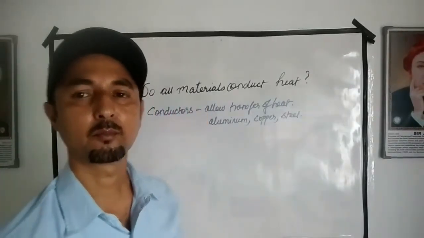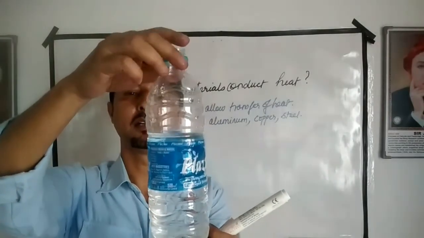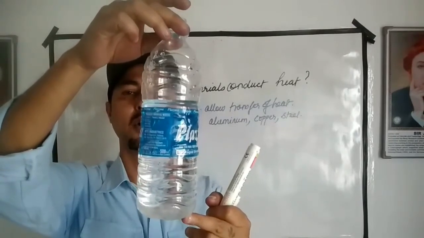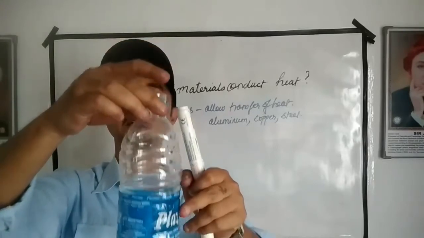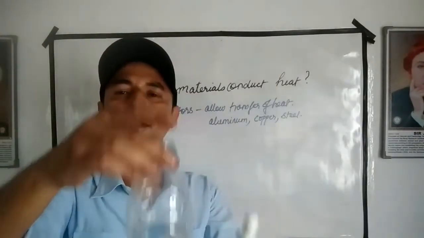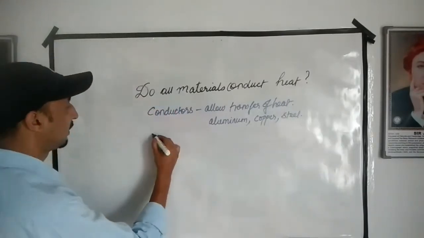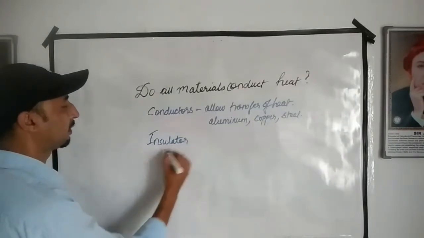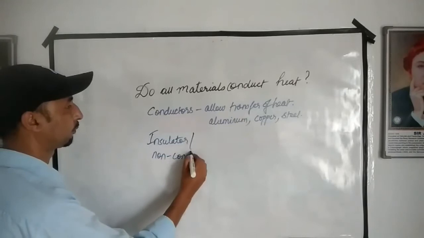Whereas a plastic bottle, if we start heating this plastic bottle at the lower end, the heat will never be transferred to the other end, because this is an example of an insulator, or also called a non-conductor.